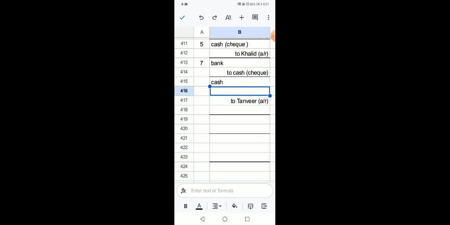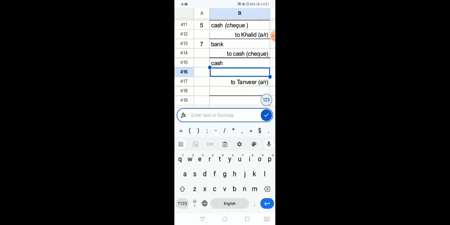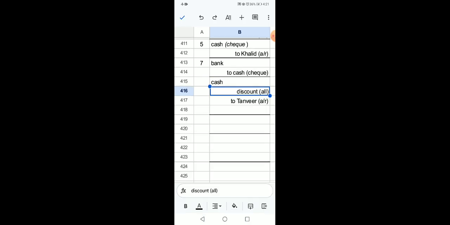From Tanveer you are receiving cash, so you will allow discount. Discount allowed is an expense, and since you have allowed it, it's an expense. Expenses should be mentioned on the debit side. So you are writing discount allowed on the debit side.